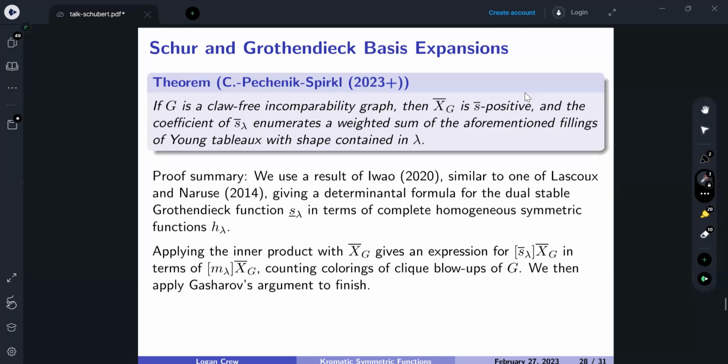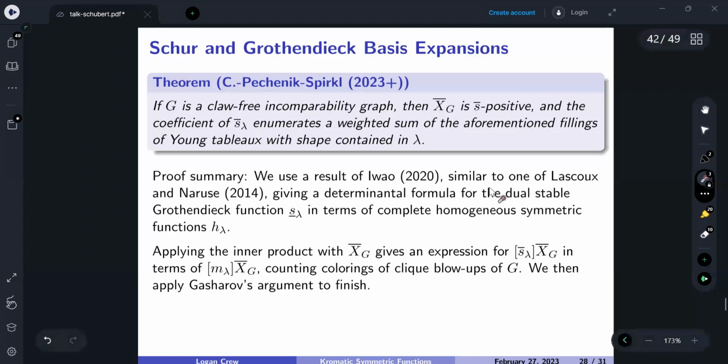And Gasharov's result, as I gave you before, actually applies not only to a graph G, but also to its clique blowups. If you replace a vertex with a clique of size 3, you just use 3 instances of that poset element in the tableau.